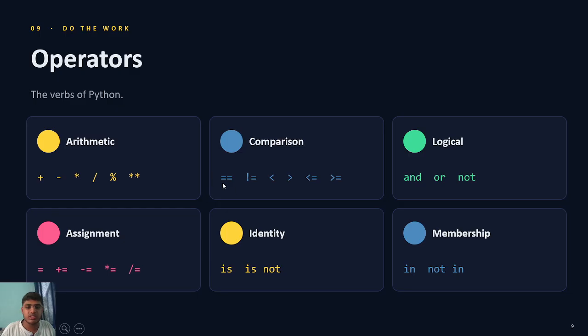Comparison operators mean equals to, not equals to, this symbol is used for not equals to, greater than, smaller than, greater than equals to, smaller than equals to. Logical operators: and, or, not. We will be getting into this.